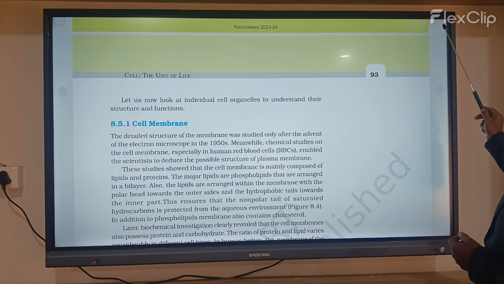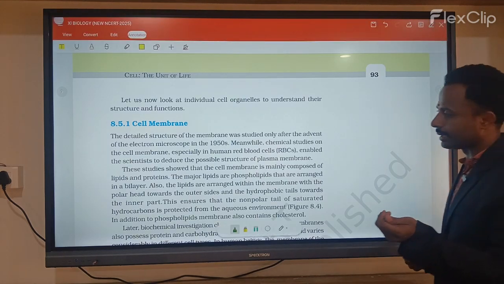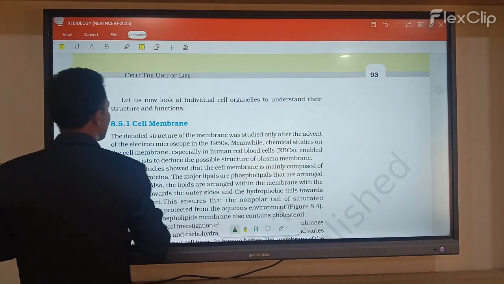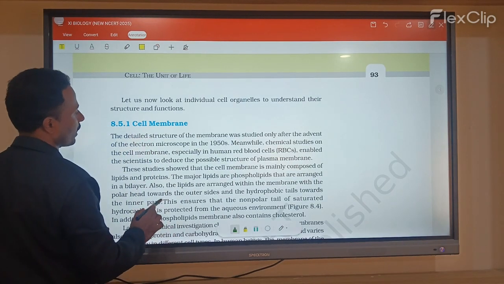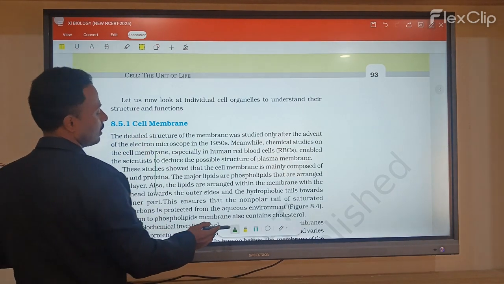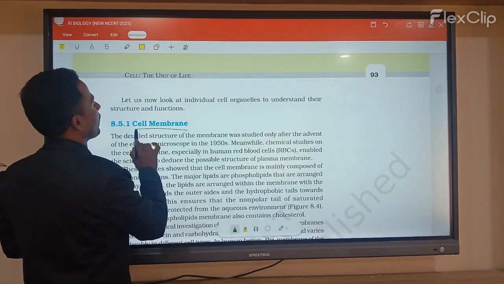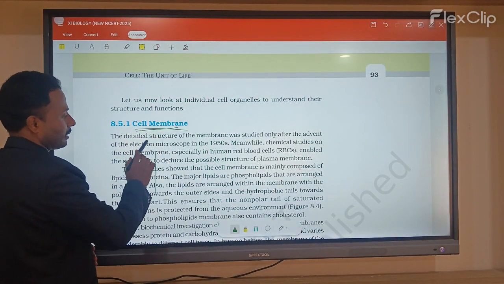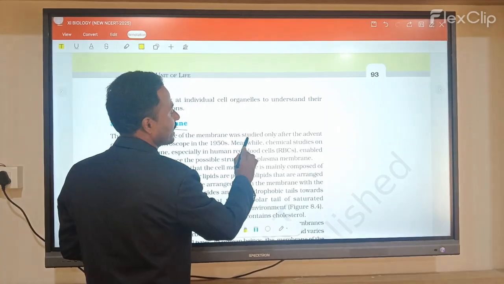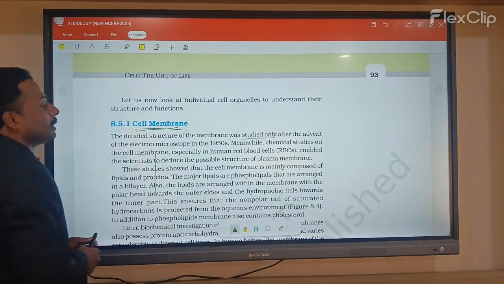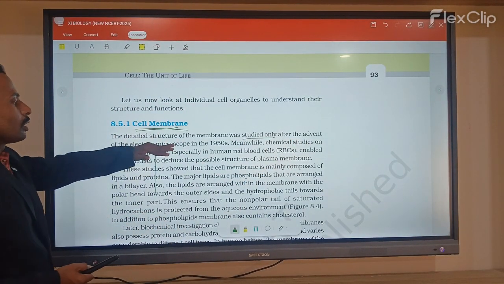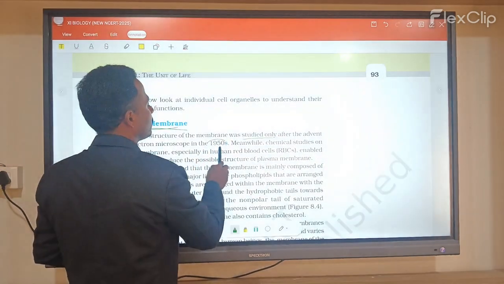Now, in a particular cell, let us read some functions. The first one is the cell membrane. The detailed structure of the membrane was studied after the advent of the electron microscope in 1950.